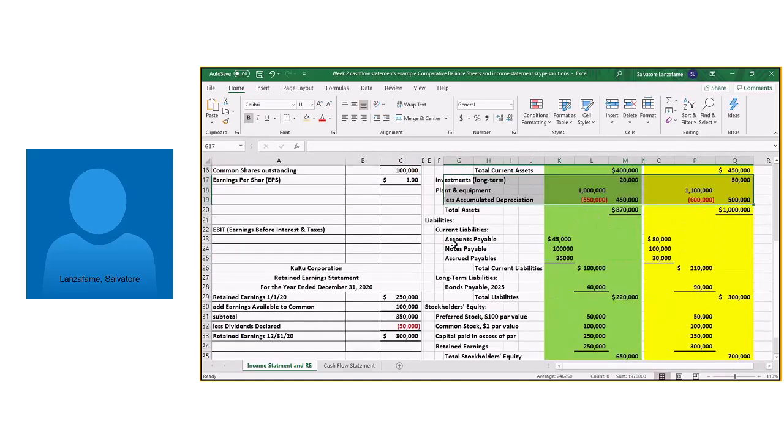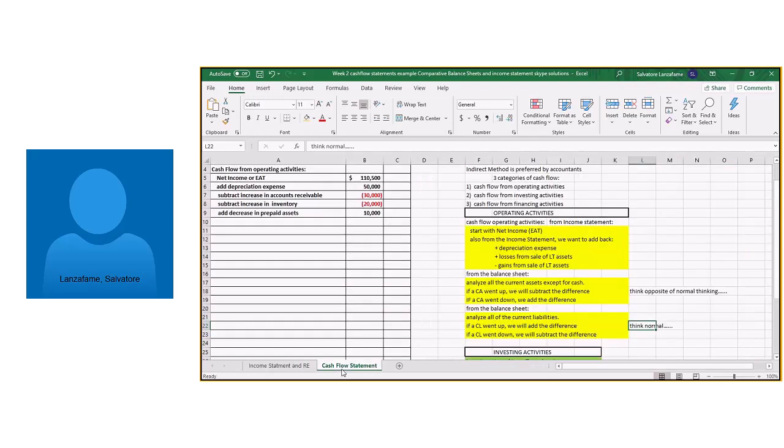So now I'm going to my current liabilities and I see accounts payable, notes payable, and accrued payables. So it looks like our accounts payable went from 45 up to 80. It went up by $35,000. So if it went up, we're going to think normal. We're going to add. So add your increase in accounts payable.